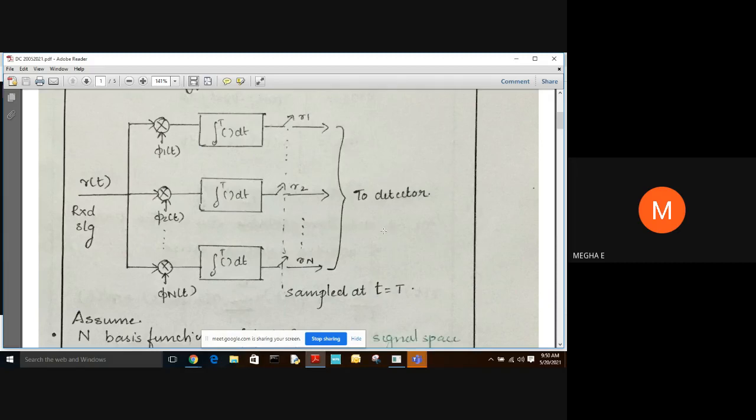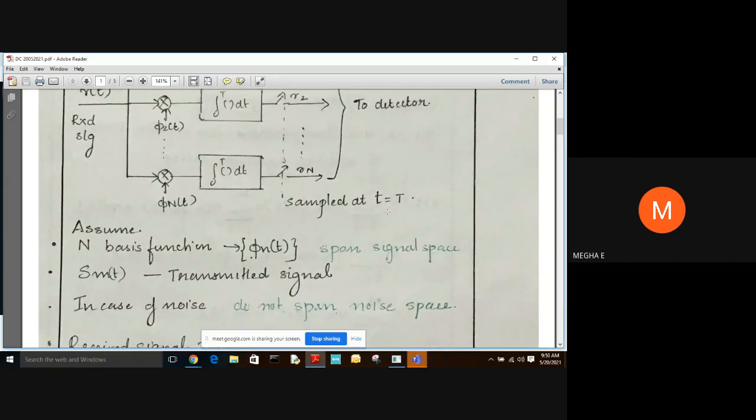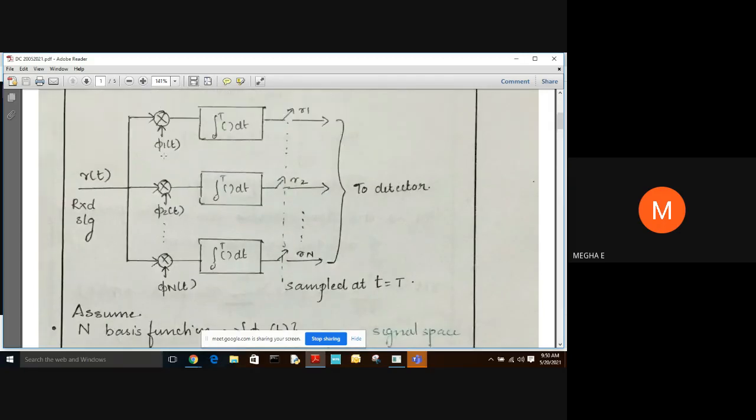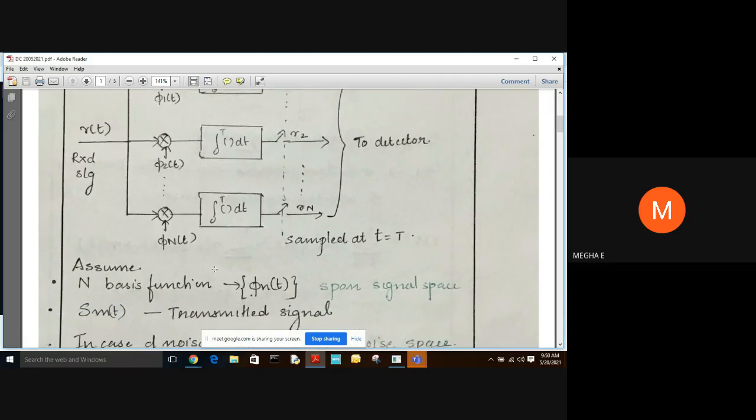Here we assume that n basis functions span the signal space. So we have n basis functions φ1, φ2, φ3, up to φn(t), and we assume that these basis functions span the signal space.